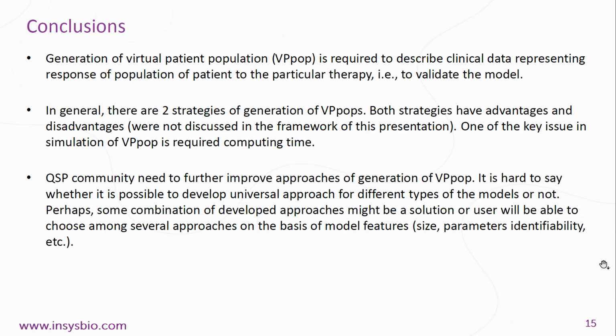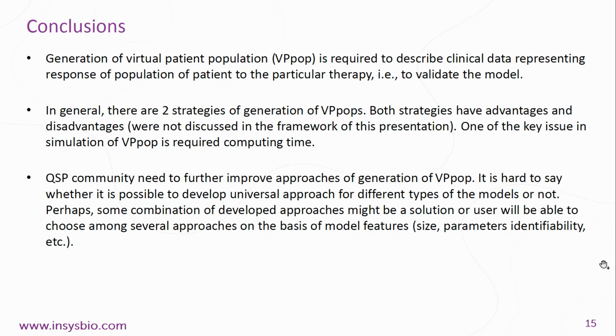The multiple simulations usually require a lot of time, and not all modelers have the access or infrastructure to use clusters or supercomputers to increase the speed of the simulations. So the QSP community needs to further improve the approaches of generation of virtual patient populations.